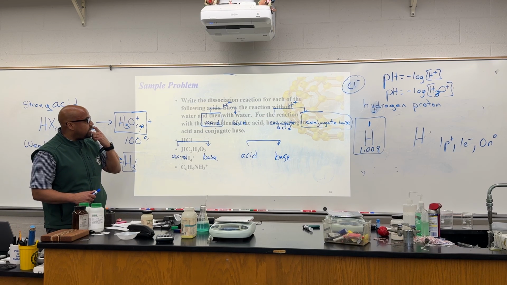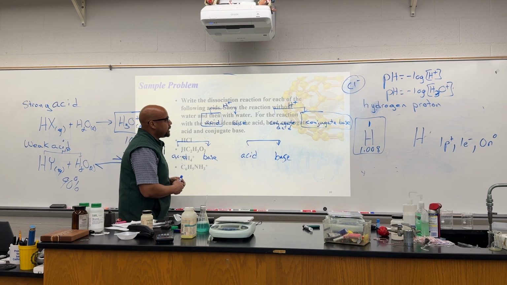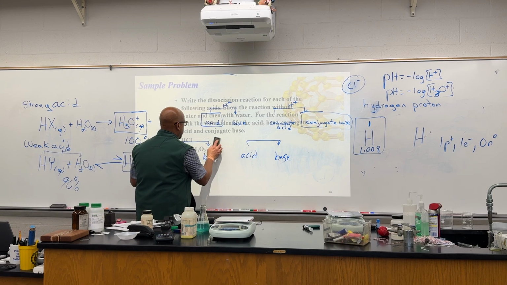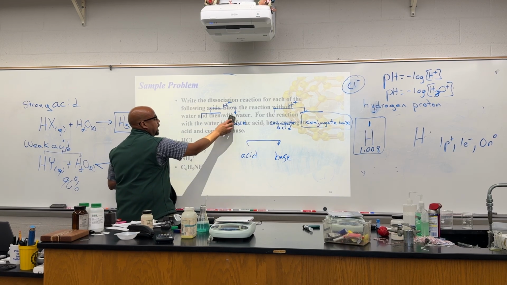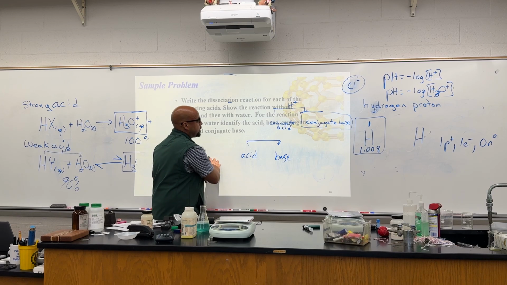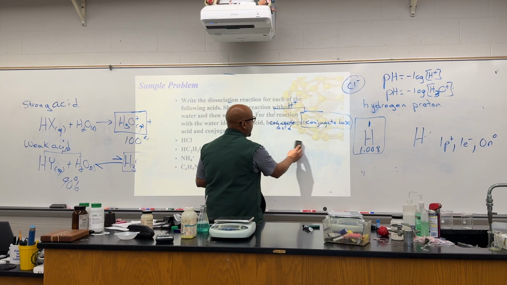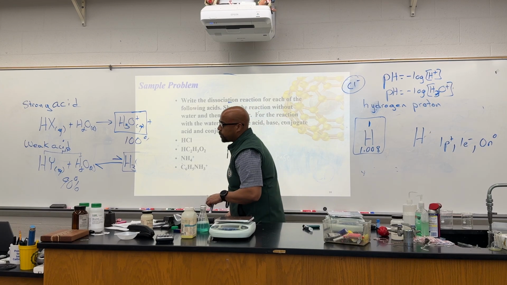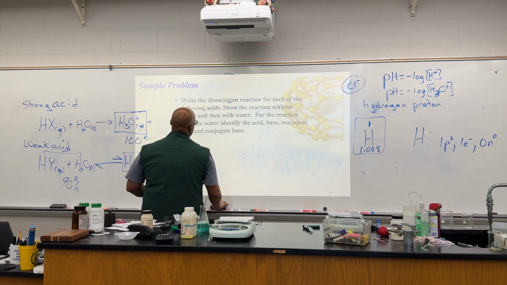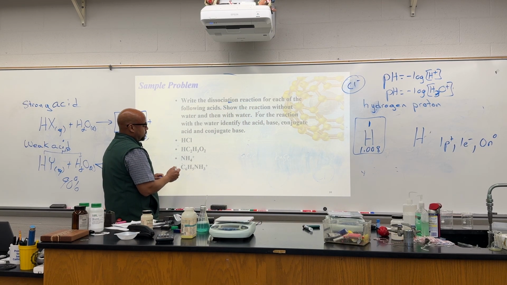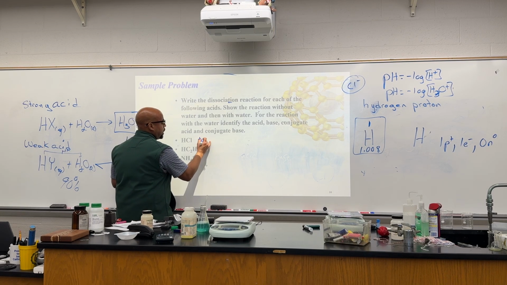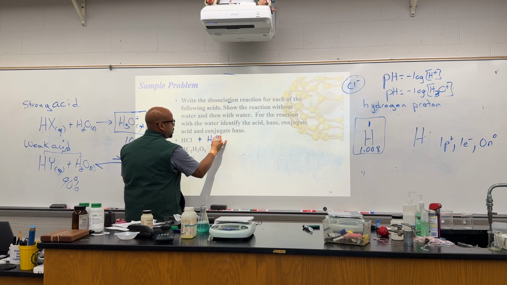So for instance, say that I have HCl. And they ask me, when HCl is placed in water, identify the acid, identify the base, identify its conjugate acid and also its conjugate base. Then I'm going to go plus H2O.